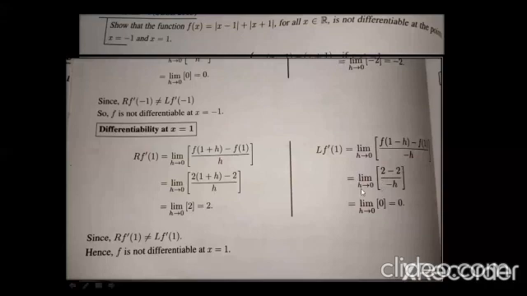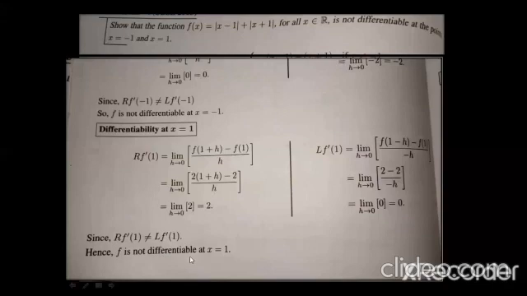After simplifying and putting the limit, we get the result 0. So we can say right hand differentiability is not equal to left hand differentiability. So the function is not differentiable at x equal to 1.